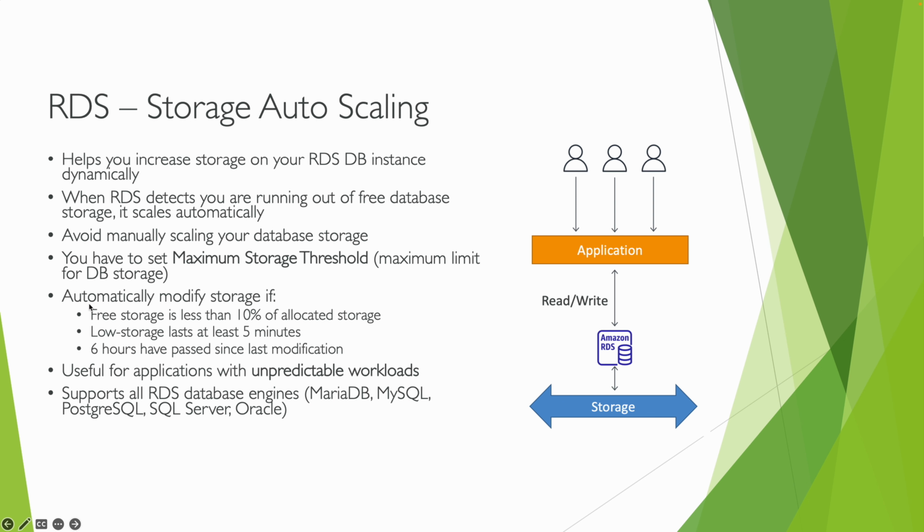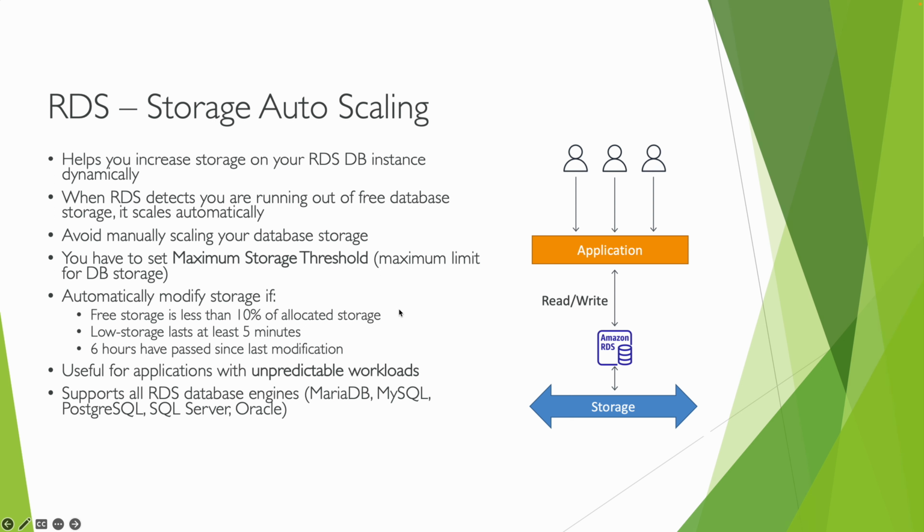RDS automatically modifies storage if the free storage is less than 10% of allocated storage. Based on these particular scenarios, the automatic modification of your storage will be done in RDS. So the first thing is free storage is less than 10% of allocated storage.